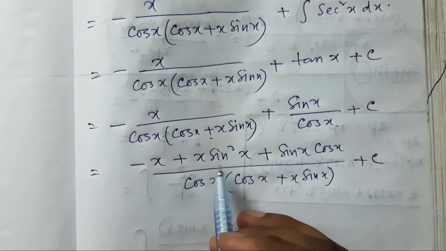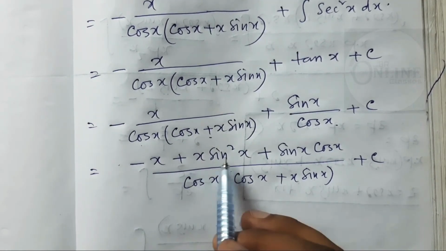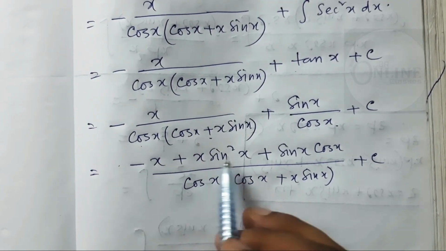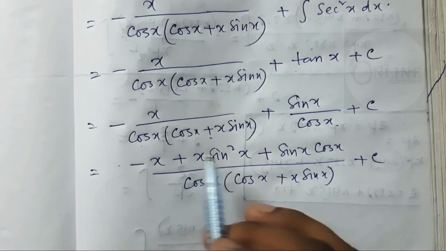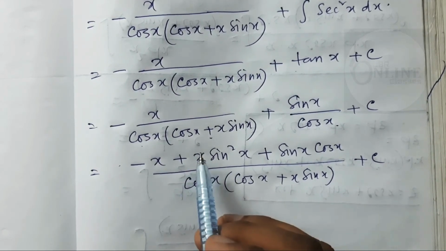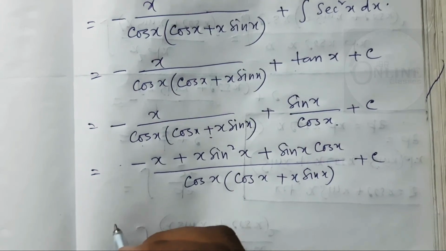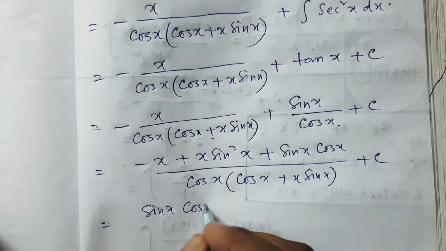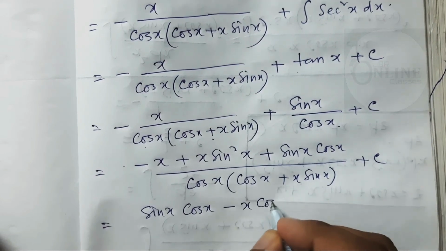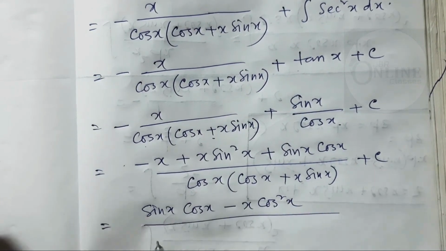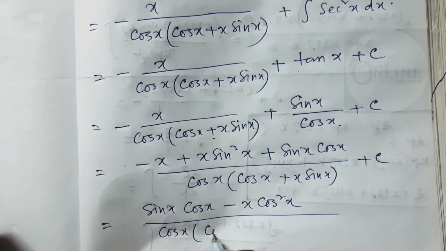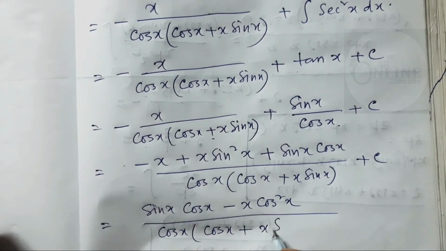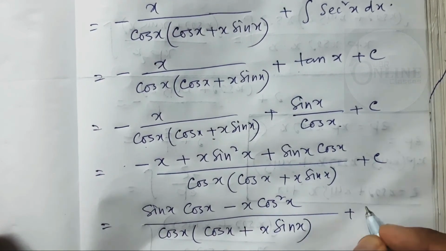Now here you can see, if you take x common, it will be sine square minus 1, so it is going to be minus cos square, isn't it? And this sine x cos x is already there, so it is going to be sine x cos x minus x cos square x divided by cos x and cos x plus x sine x plus c.